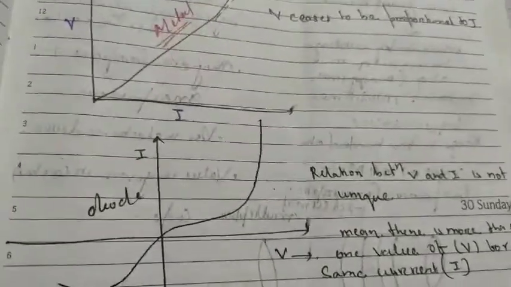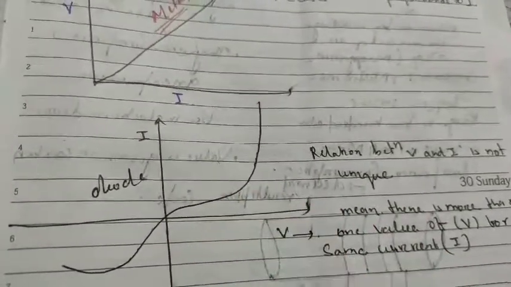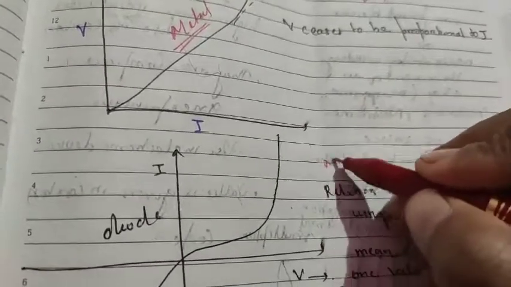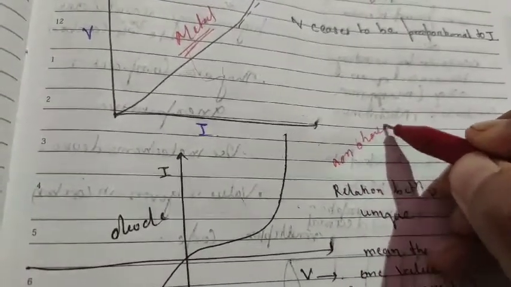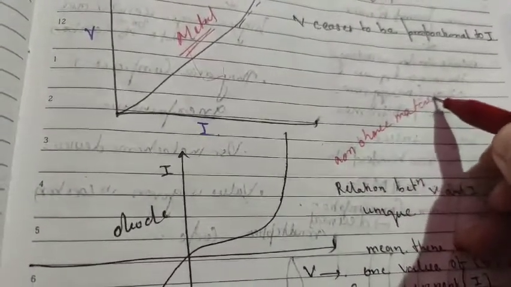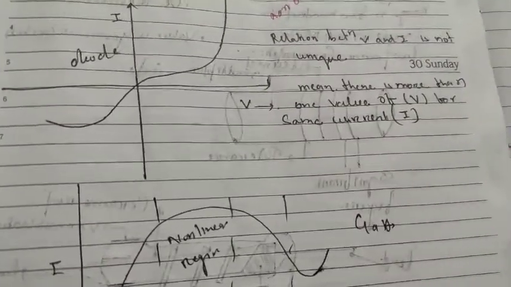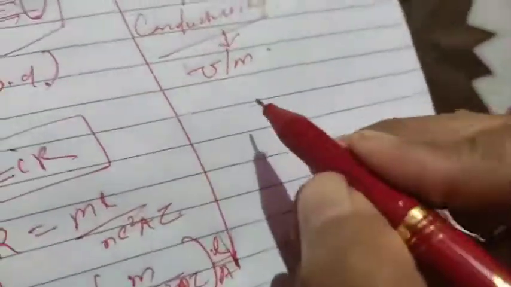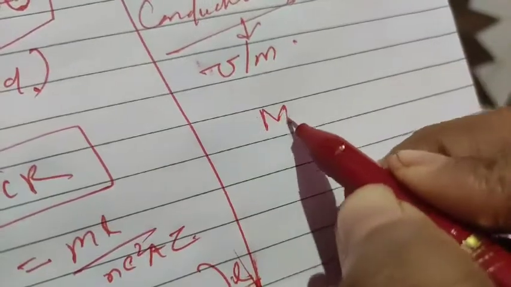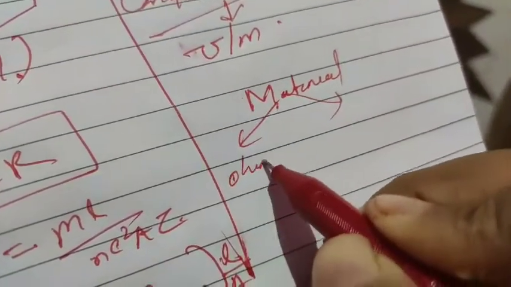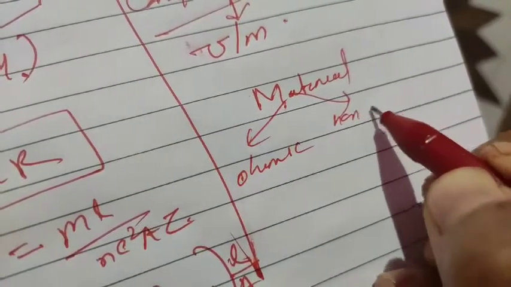So all these graphs show that there are other materials which do not follow Ohm's law, and those are non-ohmic materials. Based on this concept and these experiments, materials can be divided into two types: ohmic and non-ohmic.